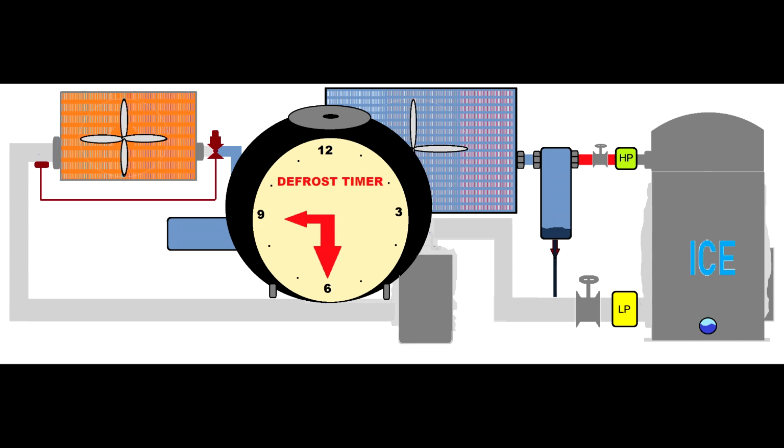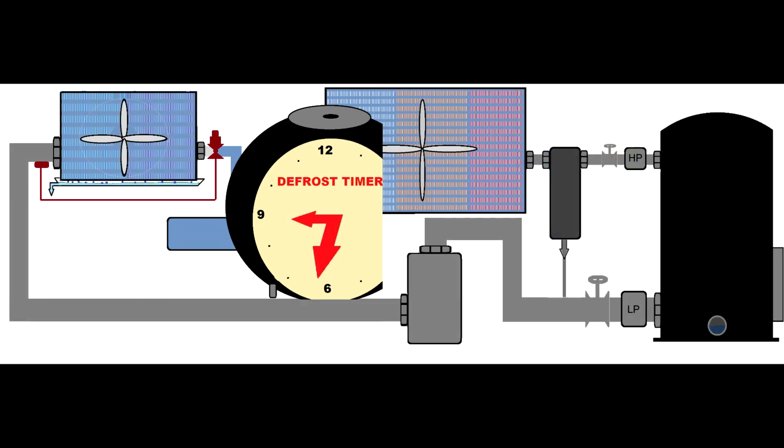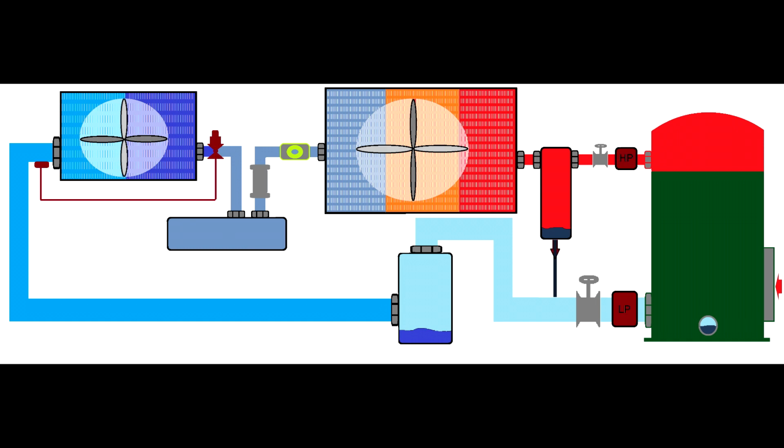We might have more or less humidity, so the icing can happen faster or slower. Anyway, after the defrost, when the ice melts, we have to allow the water to go into the drip tray and be eliminated. Then the cooling cycle will start again.